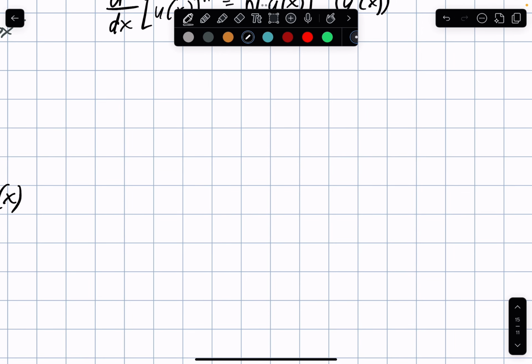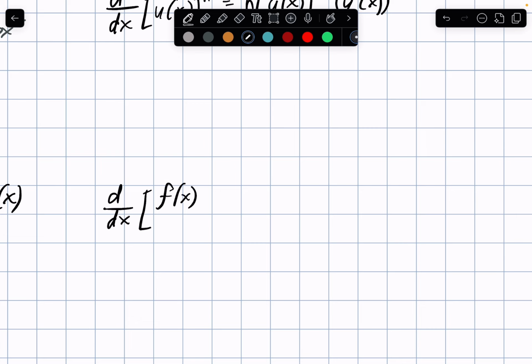How about the quotient rule? By the word quotient, that involves division. Personally, what I would do is just copy the denominator and then find the derivative of the numerator and then put a minus sign.